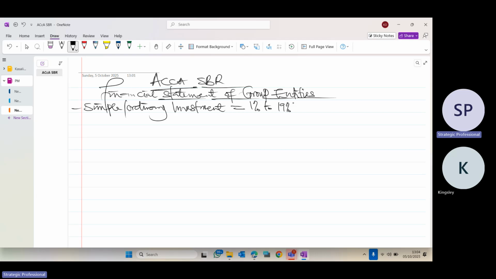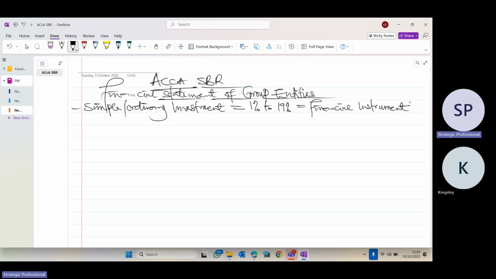When we are talking about the simple investment, the standards we will be looking at here are those for financial instruments. May I ask, what are the standards that guide financial instruments?